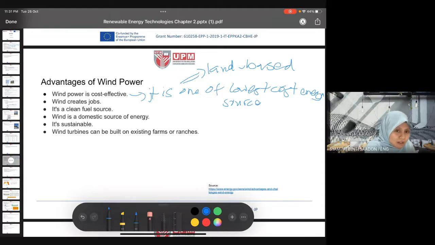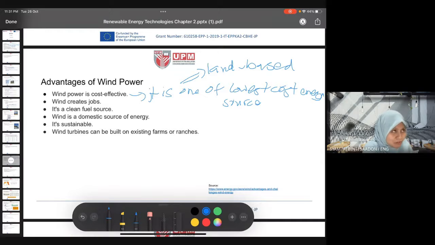And then wind creates jobs, of course. Actually, all types of energy technologies create jobs for citizens. It is a clean fuel source, of course, because it is a renewable energy. We use nature, so it doesn't pollute. Wind is a domestic source of energy. Domestic depends on the country.